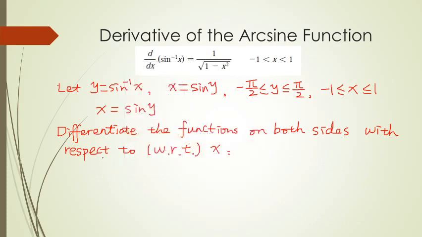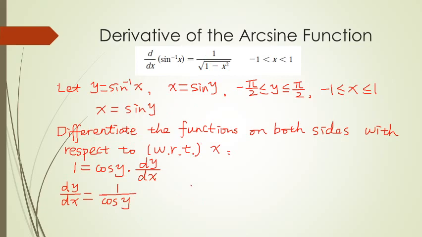So the derivative of the left side is 1, and then the right side should be cosine y, since y is a function of x, times dy over dx, okay? So we can work out dy over dx is 1 over cosine y, right? But we are going to express the y using x, because finally the function should be an expression about x.